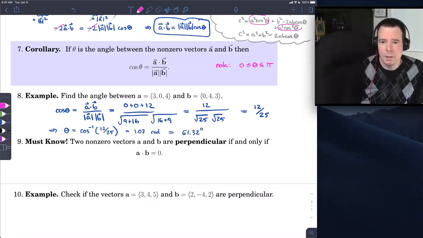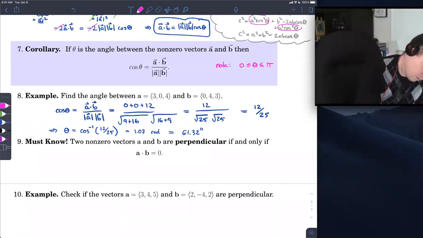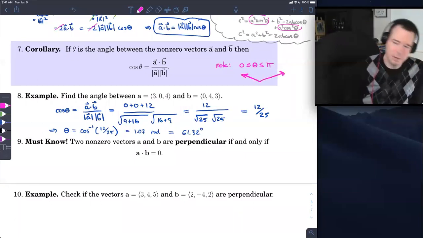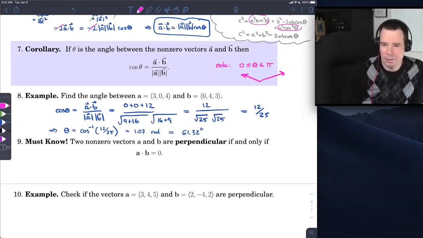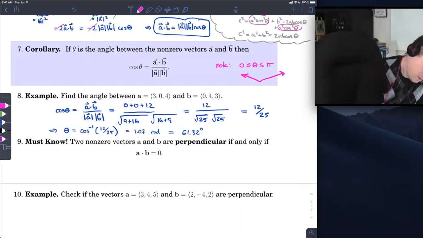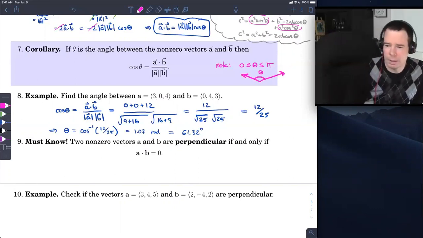If I have two vectors here, you can sort of think of there being two angles: the shortest way to go from one vector to the other, or the longer way. And the angle for us is always going to be the short way. It's the angle between 0 and pi.